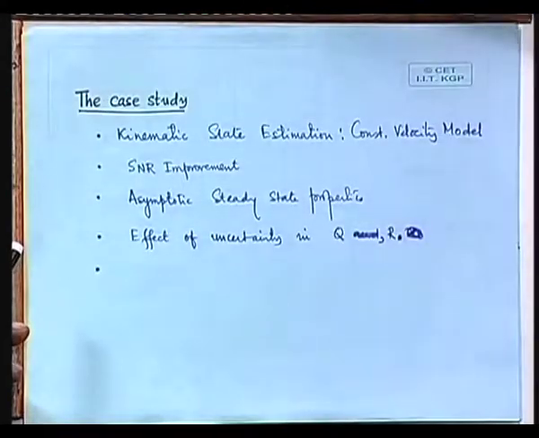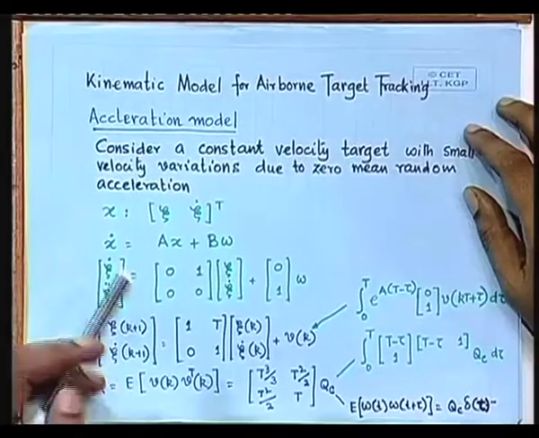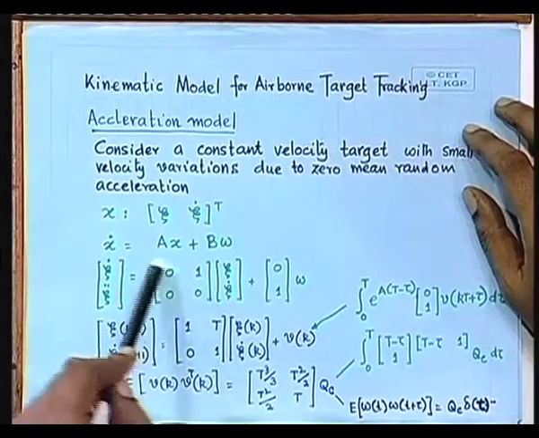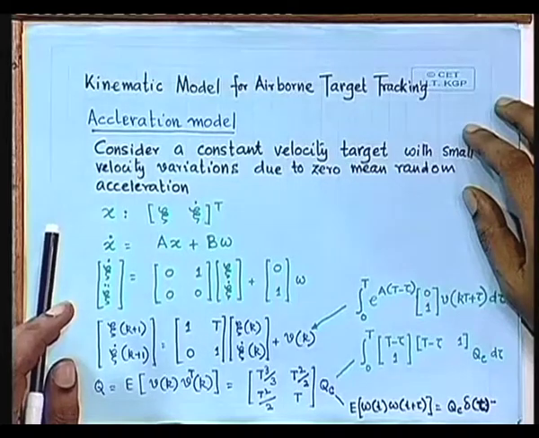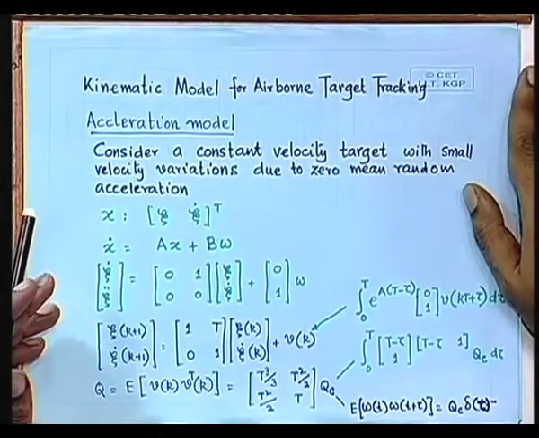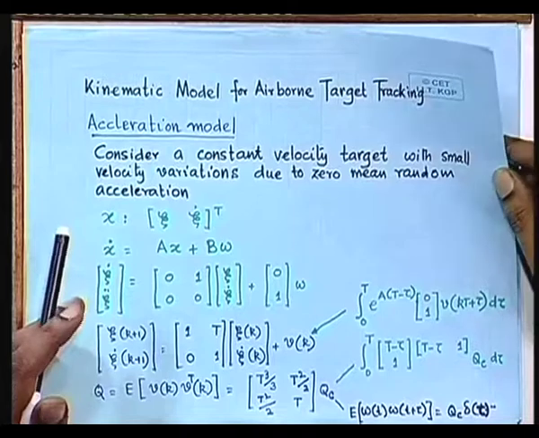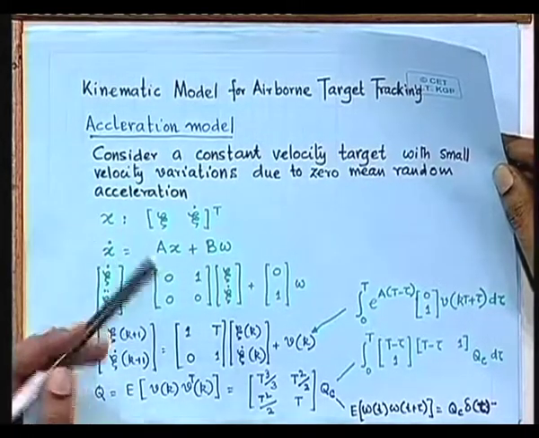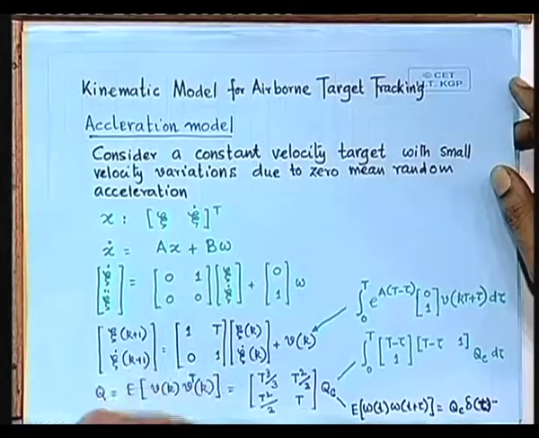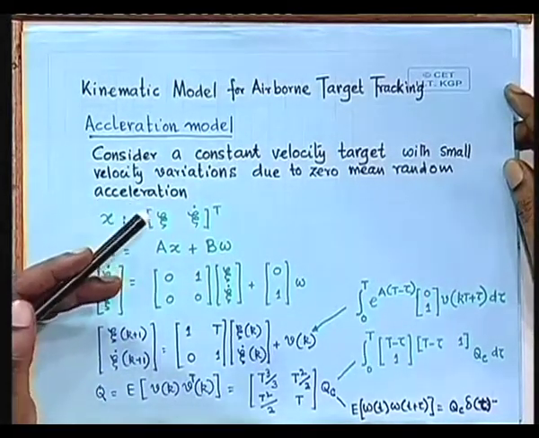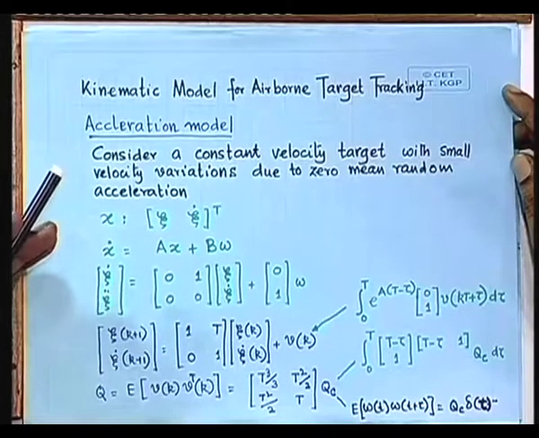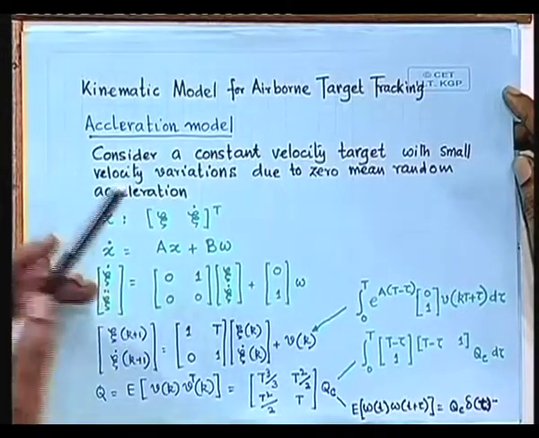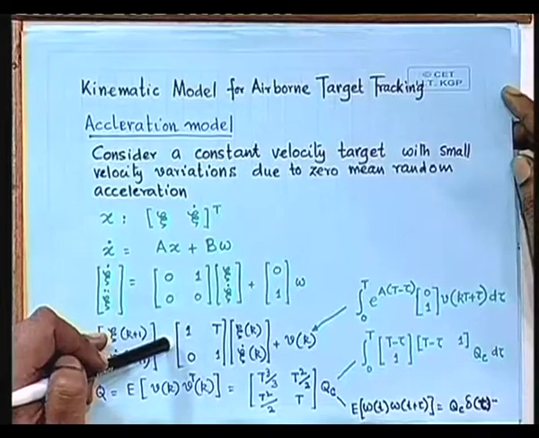Now this is sometimes called a second order model for obvious reasons, because the matrix has dimension 2. Sometimes it is called a constant velocity model, where you have a random acceleration input. Sometimes you can assume otherwise. You can assume that it is a constant acceleration model also, in which case your state dimension will become 3.